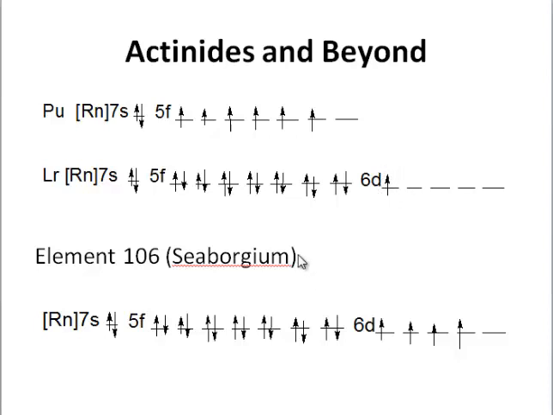Alright, at this point we could object to high atomic number synthetic elements from nuclear labs like seaborgium, which has, we predict by counting, 4 6d electrons, and I include an orbital diagram for that element here.